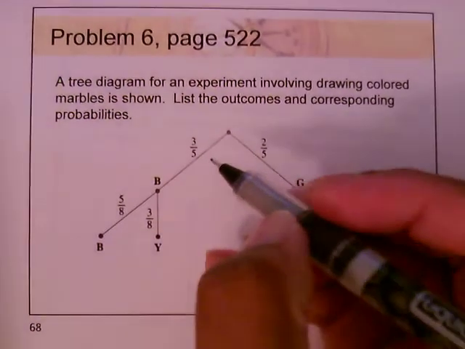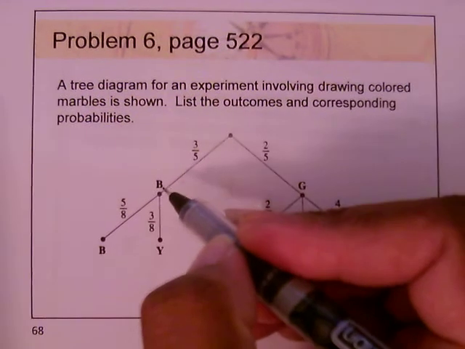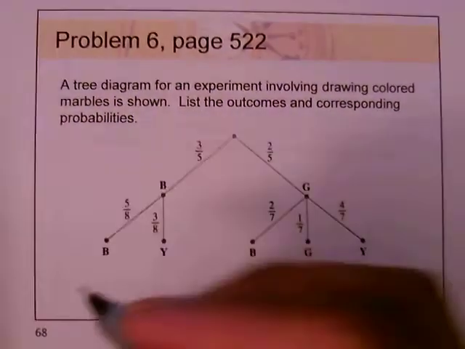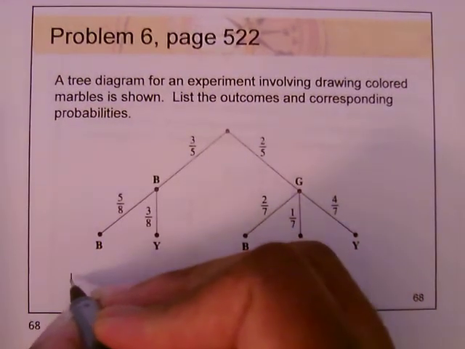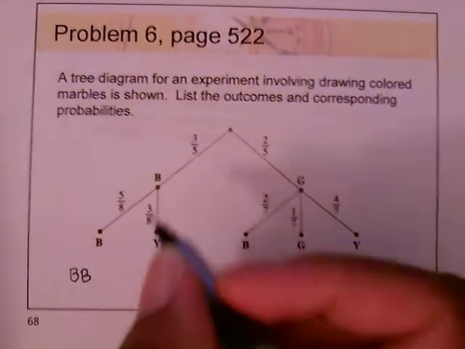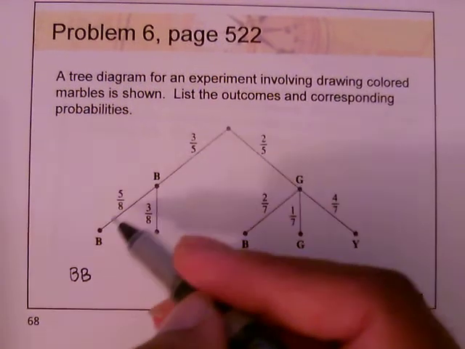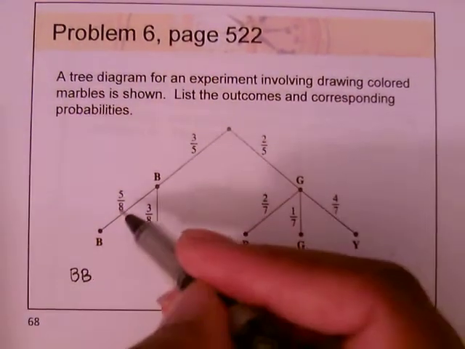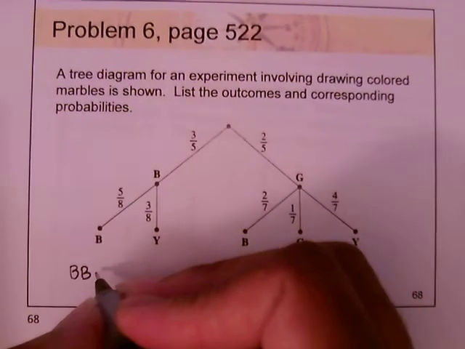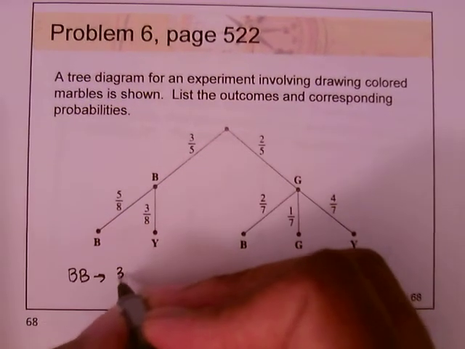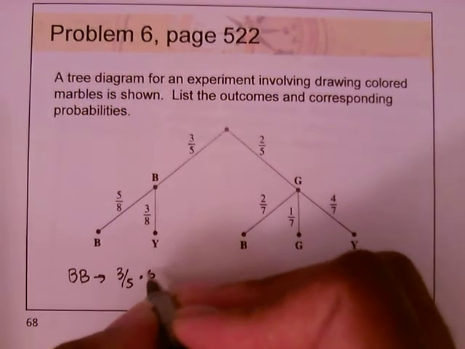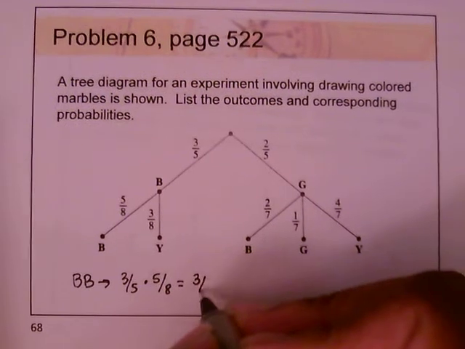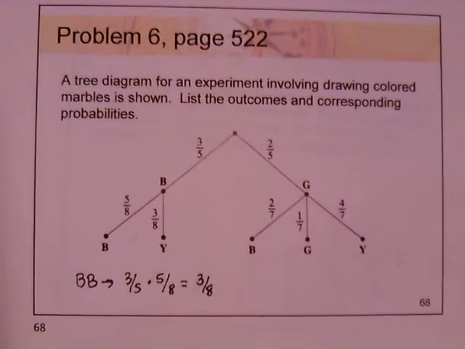Now, starting from here, we're going to go here from blue, B to B. And notice that these probabilities are given here along that particular branch. So from B to B, that's going to be 3/5 times 5/8, which will end up being 3/8. I've already simplified that.